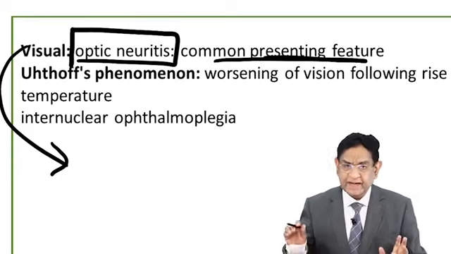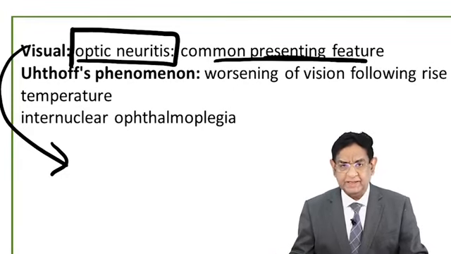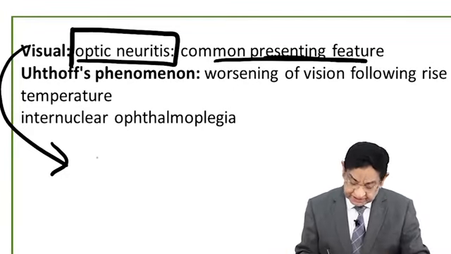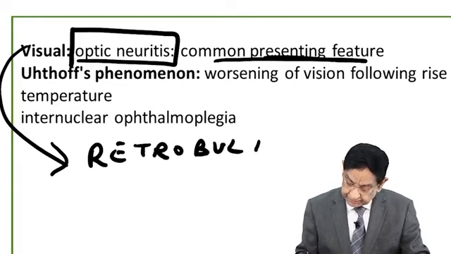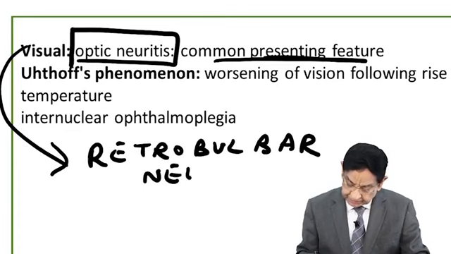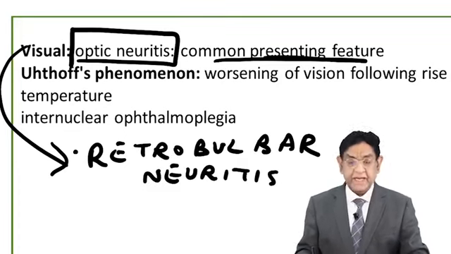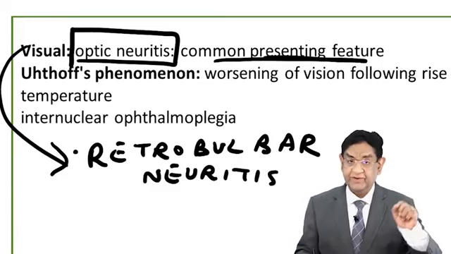First of all, everywhere they write optic neuritis. In fact, the actual word is retrobulbar neuritis. This has a special meaning. Again, we go back to basics.